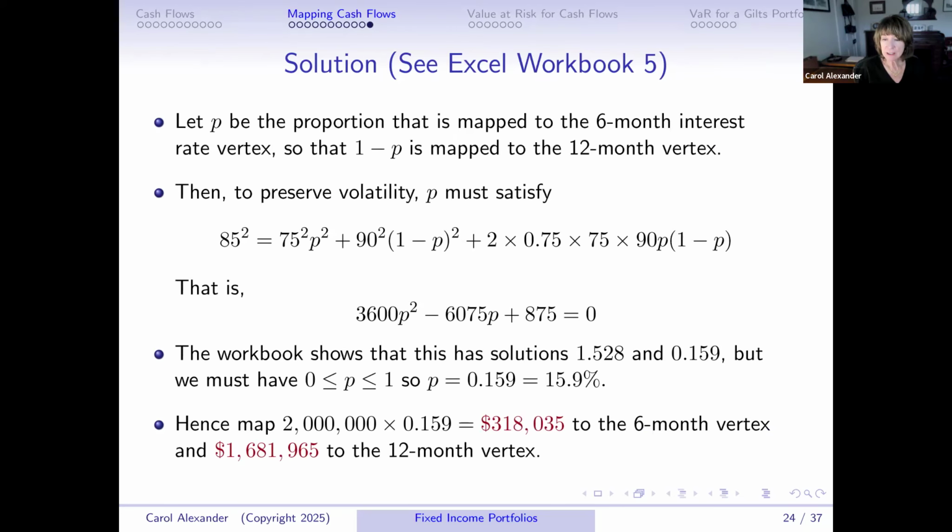And in the workbook, we'll see there are two solutions, but only one of them, and that's p equals 0.159, or 15.9%, is between 0 and 1, and the amount you map is 2 million times 0.159, which is $318,035 goes to the 6 months vertex, that's T1, and the rest, which is $1,681,965 goes to the 12 months vertex.